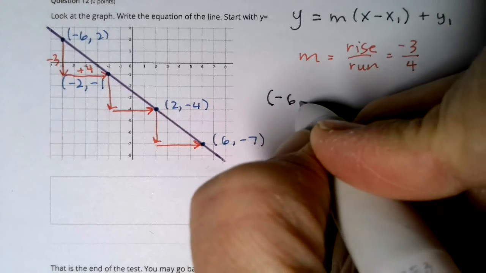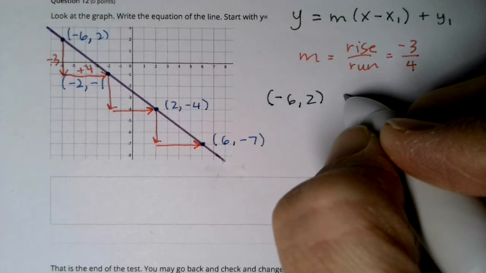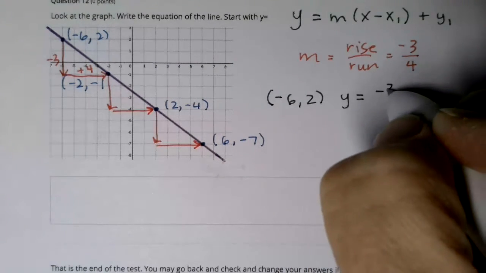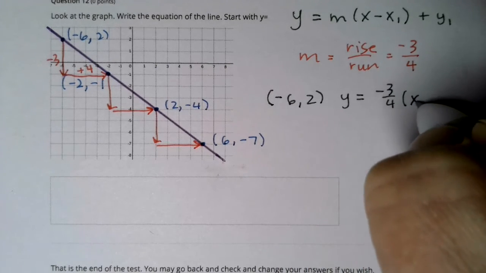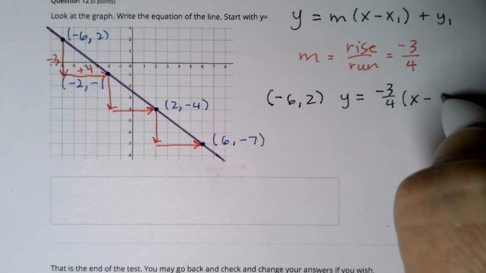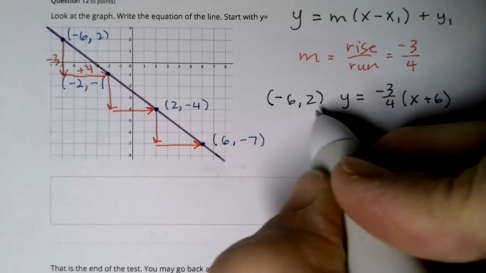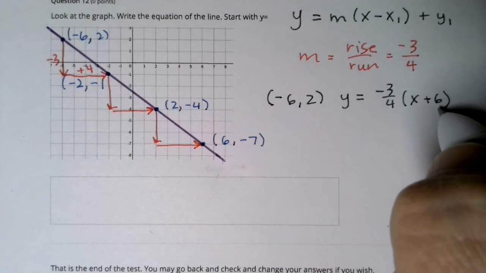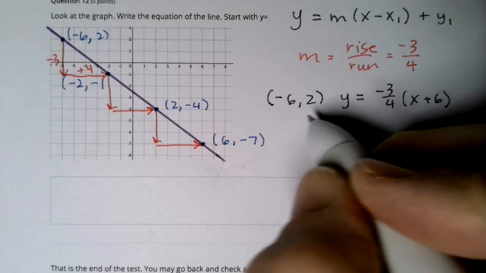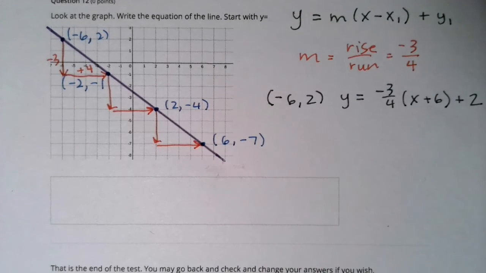If I'm looking at the point -6, 2, my equation is going to be y equals -3/4, that's my slope, times x minus the x value, which is -6. So x minus -6 is actually x plus 6. That again shows that opposite correspondence between the equation and the ordered pair, and then plus the y value, so +2. So that's one equation.